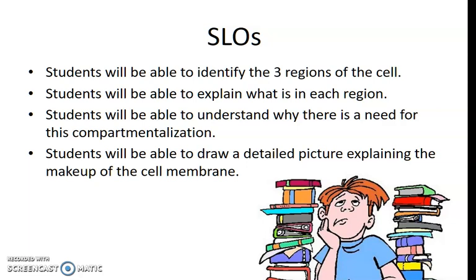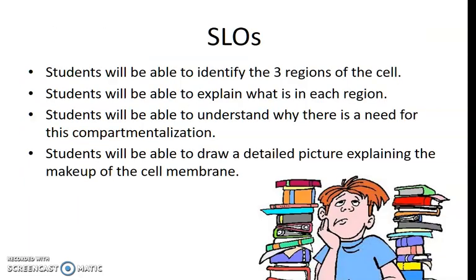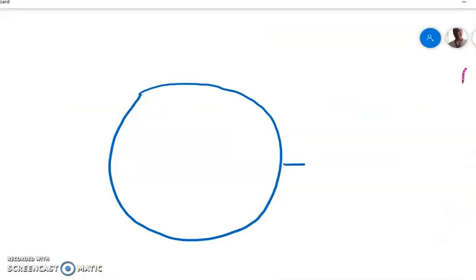We're going to look at the parts of the cell. And you'll be able to identify the three regions. You're going to be able to identify what is in each region and why it needs to be compartmentalized. Why can't we have things mixing? And can you draw a detailed picture of the cell membrane? Here's a cell. It is surrounded by the cell membrane.